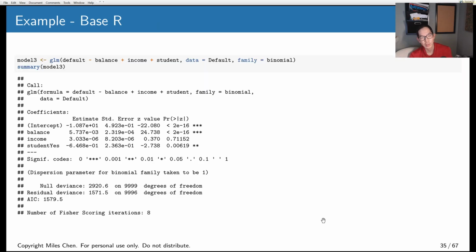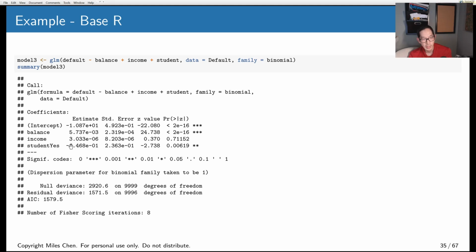So here, I'm going to throw in all 3 of our variables in the default data set. So we have the balance, which is numeric. We have the income of the person, which is numeric. And then we have, is the person a student, yes or no? And so we throw that into here. We get basically a positive coefficient for balance, positive for income, but it is not statistically significant.